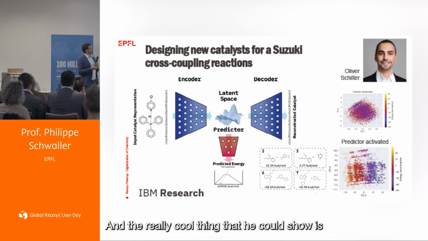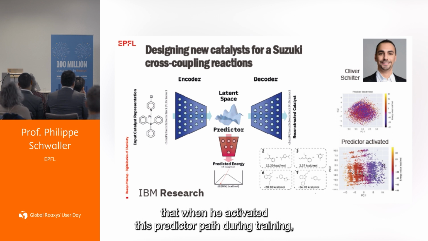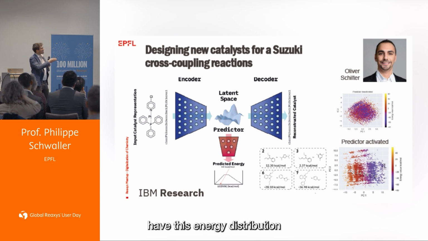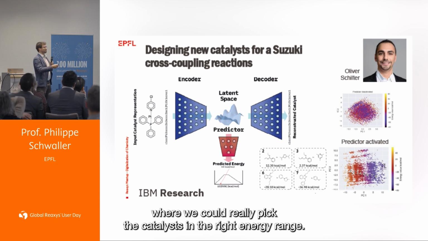And the really cool thing that he could show is that when he activated this predictor part during training, we could really structure the latent space and have this energy distribution where we could pick the catalysts in the right energy range.